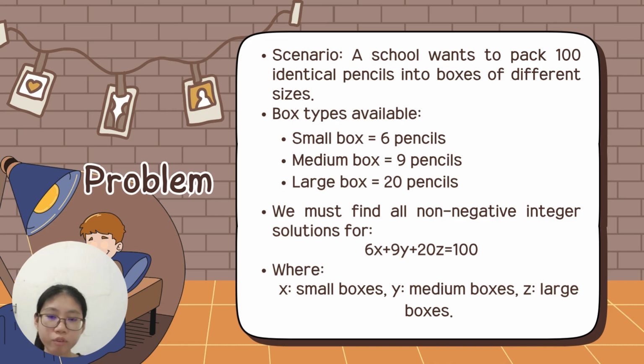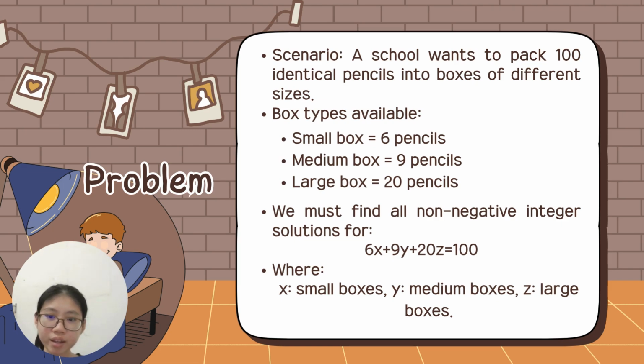Now, let's move to the problem. A school has 100 identical pencils that need to be packed into boxes. The box comes in three sizes. A small box can hold 6 pencils, a medium box can hold 9 pencils, and a large box can hold 20 pencils.